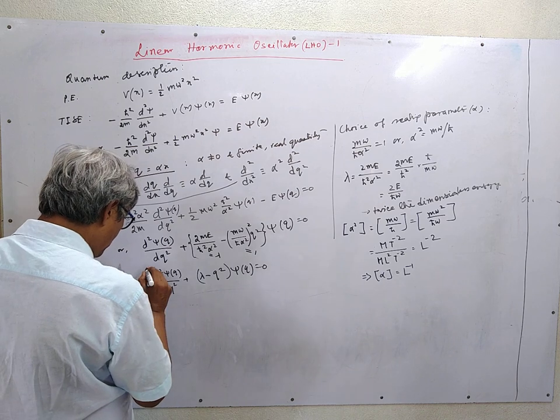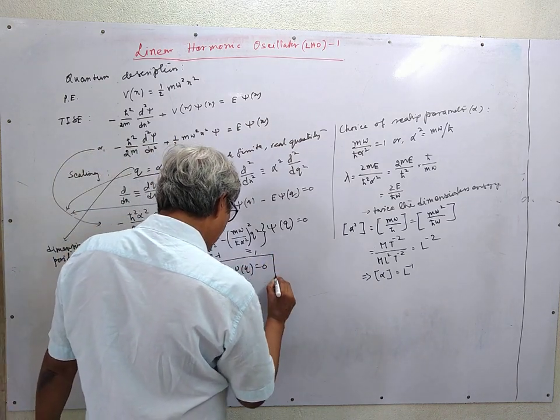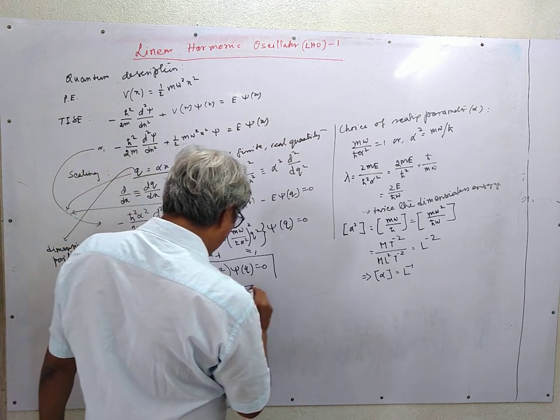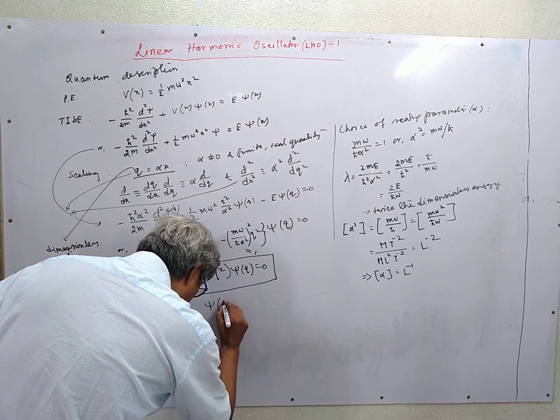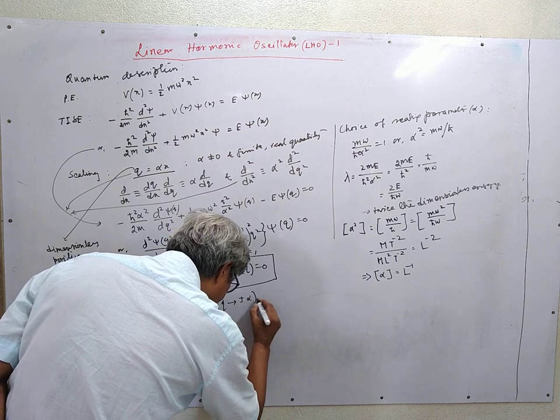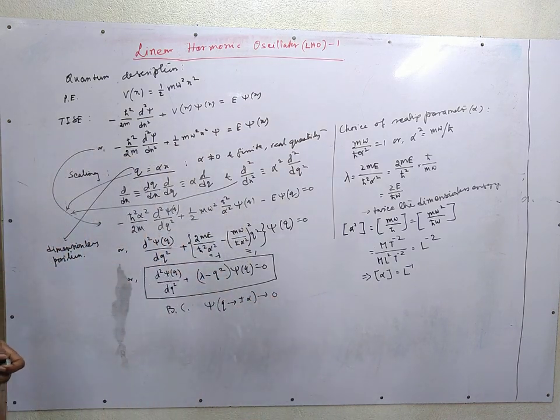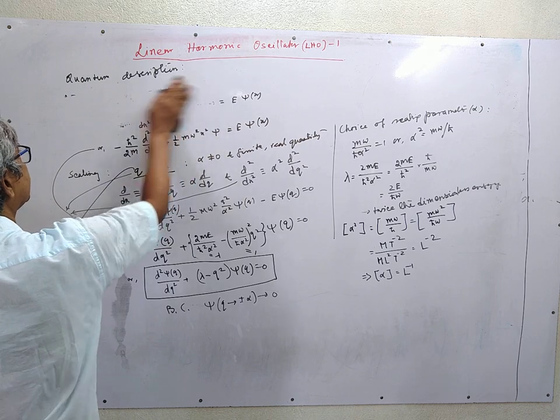Our task is to solve this differential equation subject to the boundary condition that psi of q as q tends to plus minus infinity must go to 0, because classically the particle is confined between two boundaries plus minus capital X. Although there is a tunneling effect in quantum mechanics, in the classically forbidden region we have seen that the wave function dies exponentially, so at infinity it must go to 0.